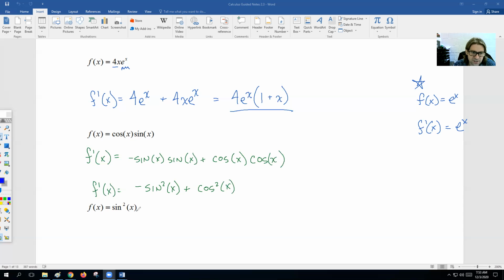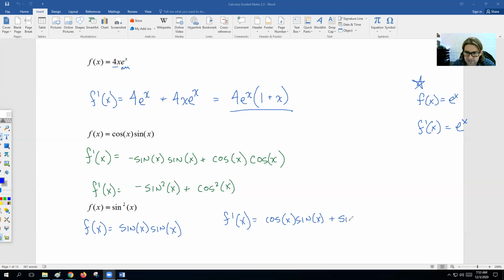Okay. Well, actually, let's use that kind of thought process to help us figure out this one. What's sine squared of x? Well, before we take the derivative, it'd probably be better to change this to sine of x times sine of x. And so when we take the derivative, we'll take the derivative of sine of x, which is cosine. We'll leave the sine of x alone.